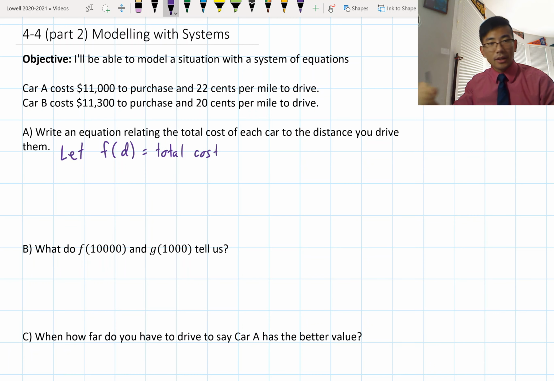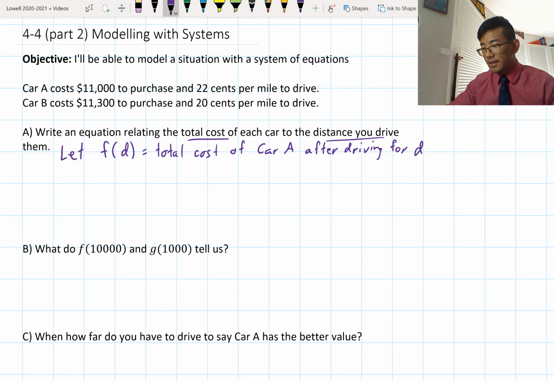This is the dependent variable. Total cost definitely depends on the distance you drive. So the total cost of car A after driving d, I think it said miles.